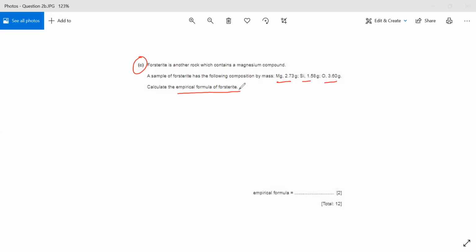The very first step, since we already have our masses, I am going to find the number of moles of each of them. Let's put here magnesium, here it will be silicon, and here it will be oxygen. So magnesium, how much have they given me?